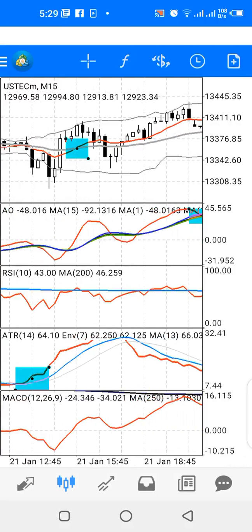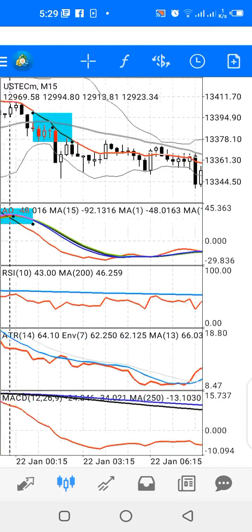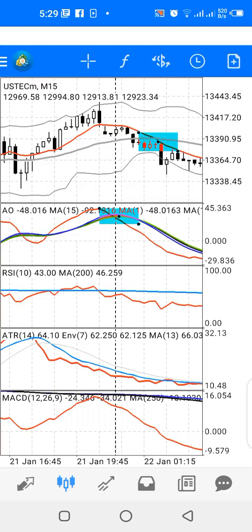But when you now have the alignment of other indicator signals with what is happening on indicator window 3, you have a near perfect signal entry. What do I mean by that? You have a sell here on the main chart.